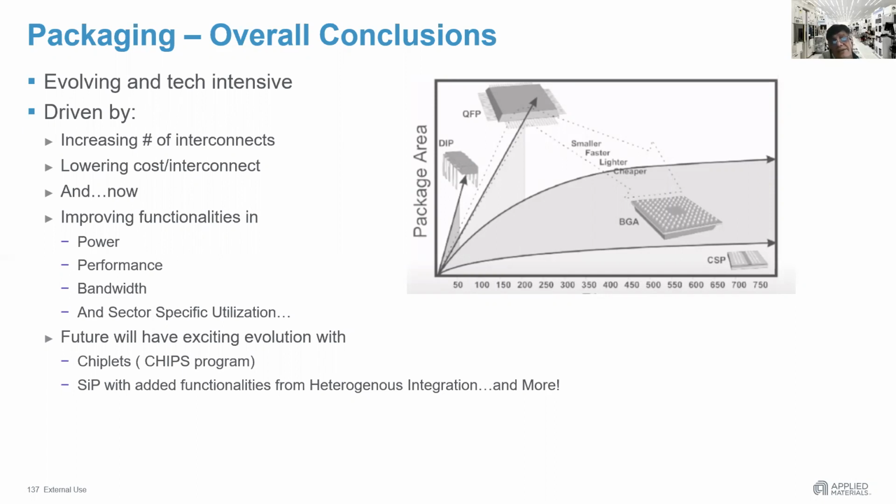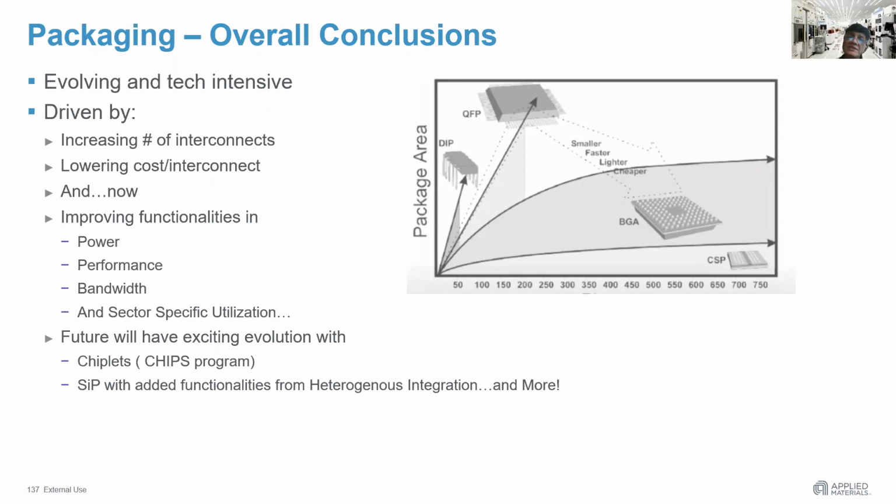Literally, whatever you are seeing is actually created by advanced software like EDA, and simulated and tested, and then it is actually taken onto the physical world. It is driven by the increasing number of interconnects, a drive to lower the cost per interconnect, a drive to improve the functionalities.